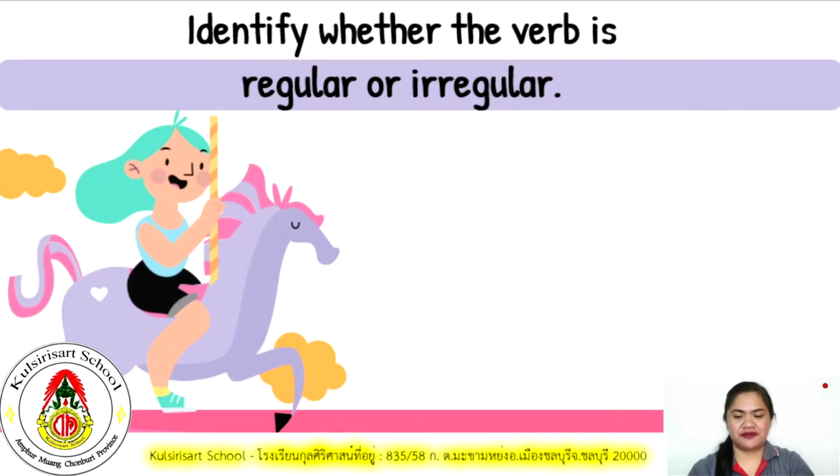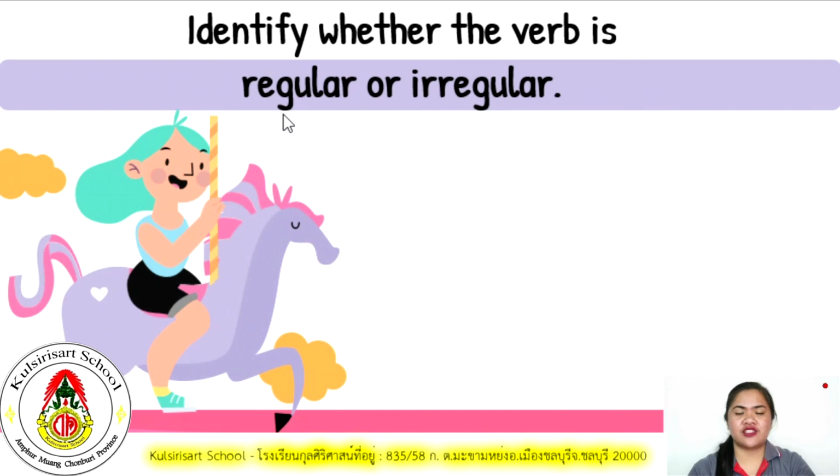Number 1. Let's follow this instruction. Identify whether the verb is regular or irregular. Again, if it's regular, what does it look like? Okay, you remember very well.